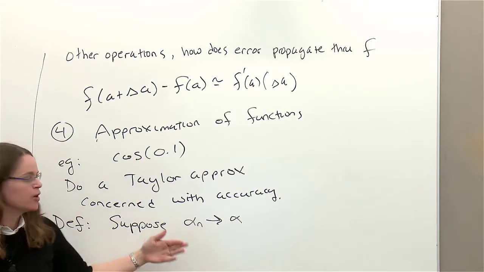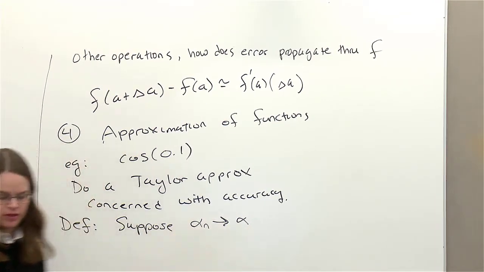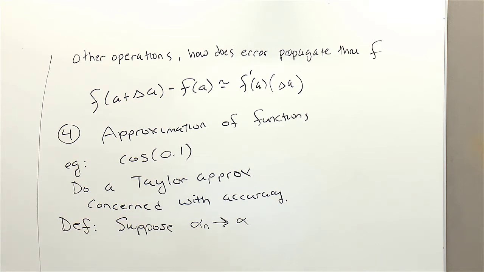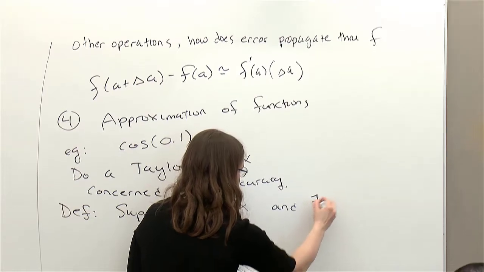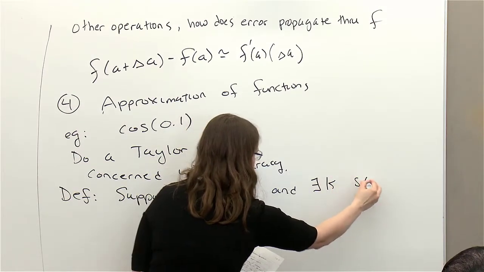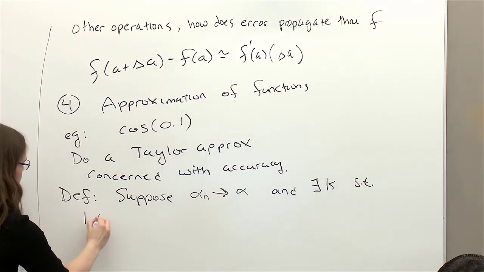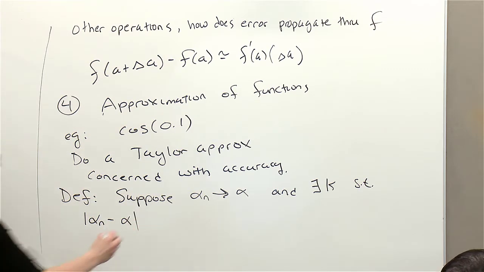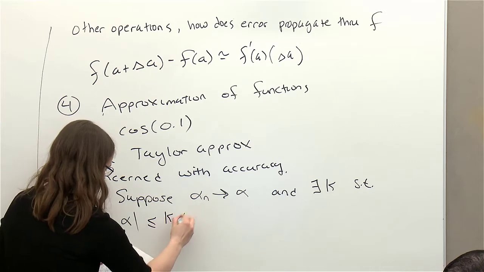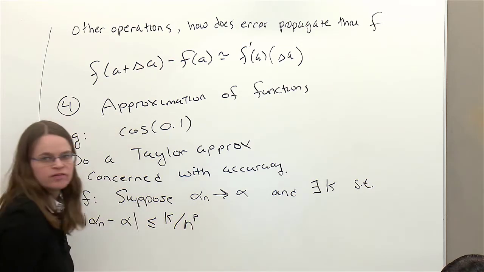And as I take n bigger and bigger, I should get closer and closer to the real value. Suppose this is true, and suppose there exists some constant k such that the error, alpha n minus alpha, is bounded by k over n to the p, as long as n is large enough.